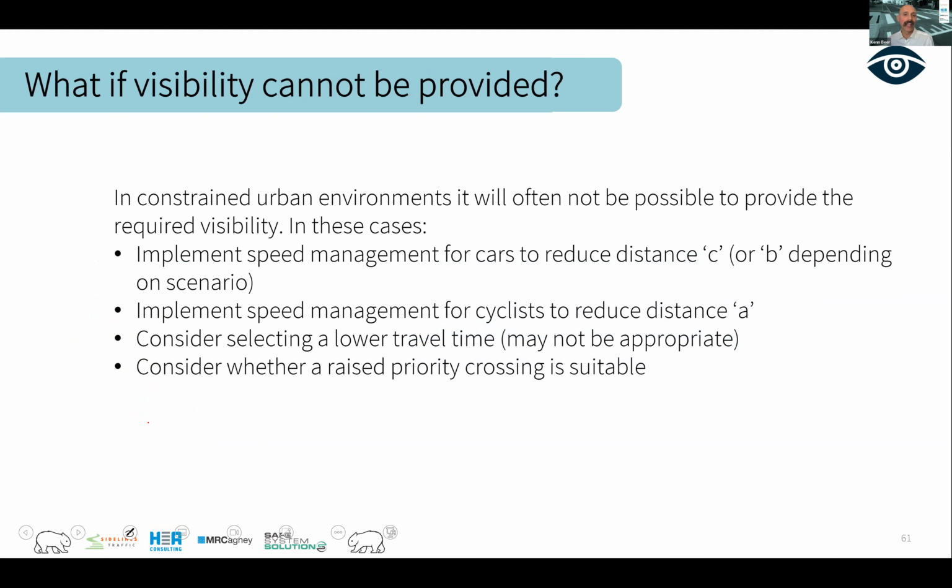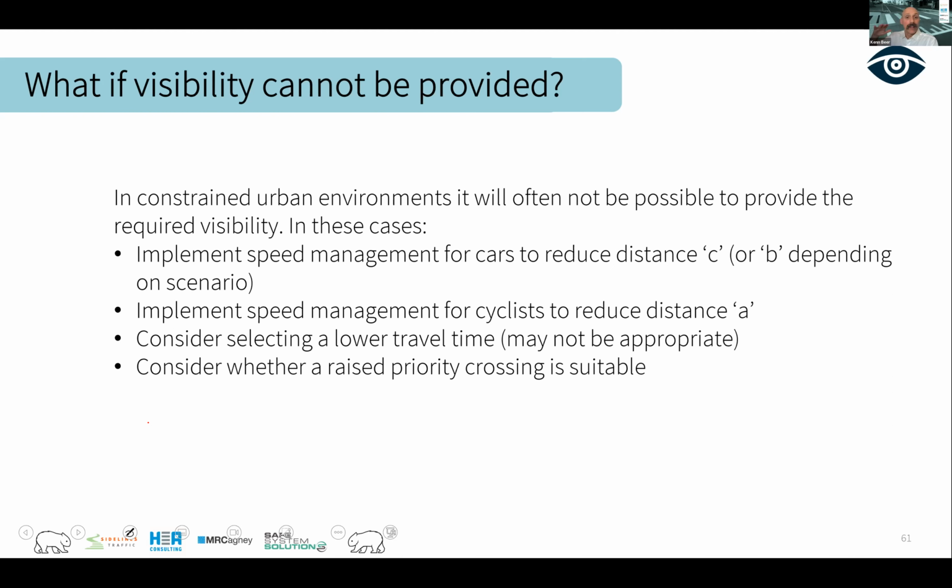So, speed management for cars. So you can reduce that C distance, or B, depending on the scenario. Okay, so we can put traffic management on the approach to these. We can slow vehicles down. Then we can think about slowing down those cyclists, exactly as somebody said there.